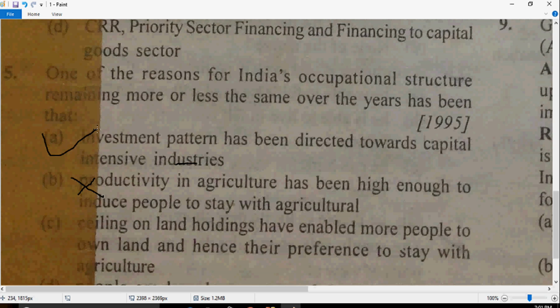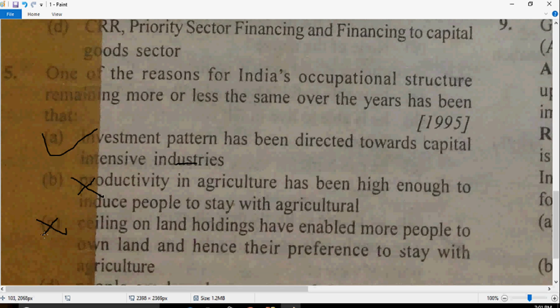Of course, it is very clear, because the investment pattern has been directed toward capital intensive industries, not especially small scale. So that's why, because ceiling on land holding has enabled more people to own land and hence their preference to stay with agriculture.